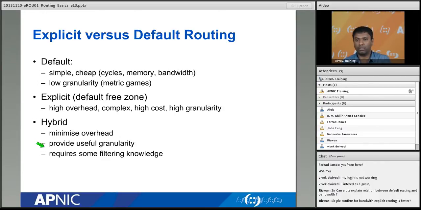There is another question. Please confirm, for bandwidth explicit routing is better? Well, it completely depends on your design and your topology. Sometimes if you need multi-homing or redundancy, definitely you can consider a dynamic routing protocol running between your upstream and your routers. When you run those, that will consume a little bit of bandwidth in terms of control packets.